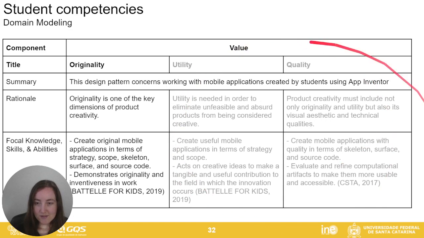Here, utility and quality are important in order to eliminate unfeasible, absurd, unpleasant, and unprofessional mobile apps. However, those may not be easily automated, especially utility.